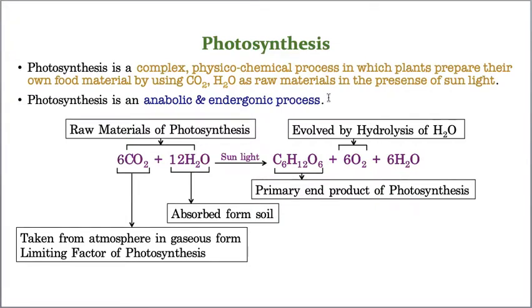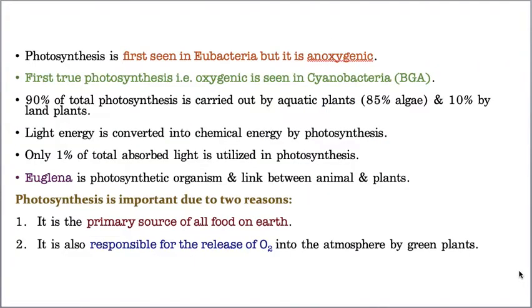Thank you. Okay, now photosynthesis is first seen in eubacteria, but this is a very important point: it is not true photosynthesis. What is the meaning of true photosynthesis? Photosynthesis may be true or false. Let me tell you.